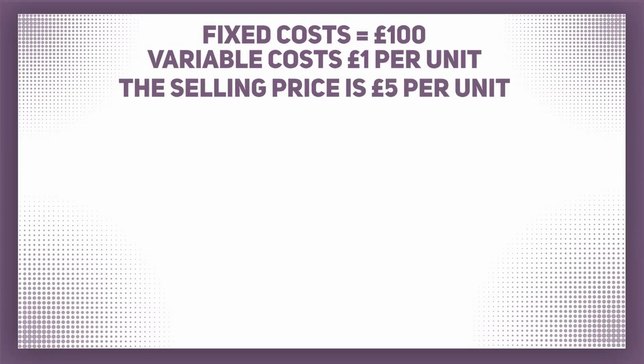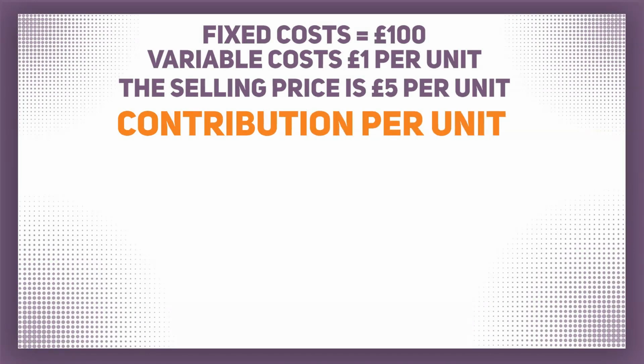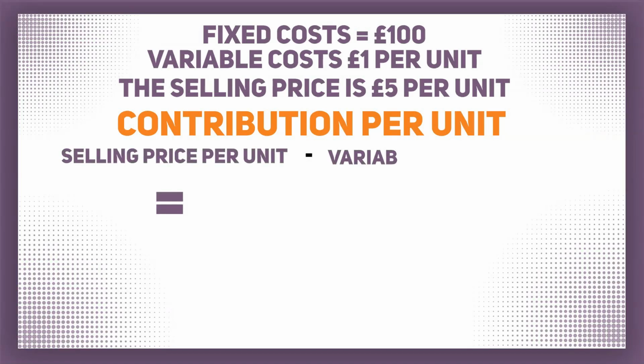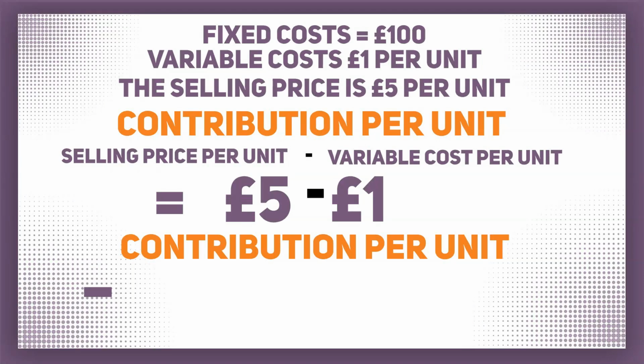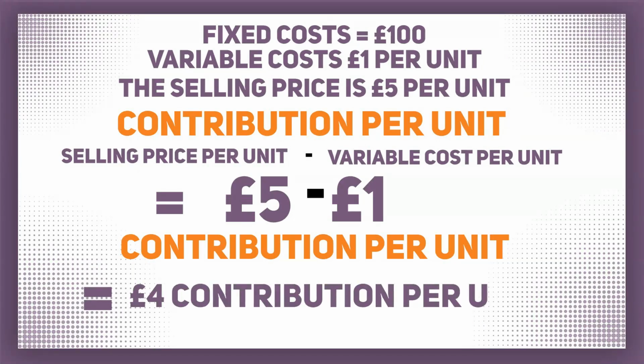So first, we need to work out the contribution per unit, and you already know how to do this. The contribution per unit equals the selling price per unit minus the variable cost per unit. In this case, that's £5 minus £1, which equals £4 contribution per unit. But we already knew this. So now you can use this figure in the break-even formula to calculate that key break-even point.